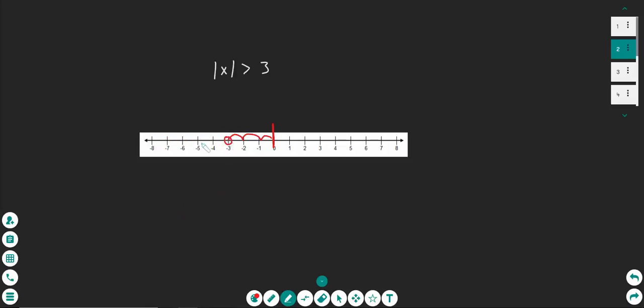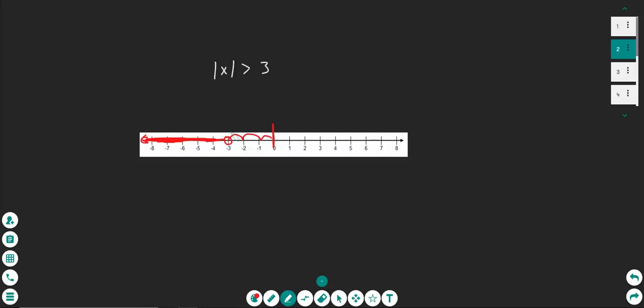We'll put a hollow circle on this 3, and then we'll say anything over here, anything on the number line over here would satisfy the inequality, right? Why? Because everything on this red line right here, the absolute value of anything on this red line is going to be greater than 3, because it's going to be greater than 3 units away from the 0.